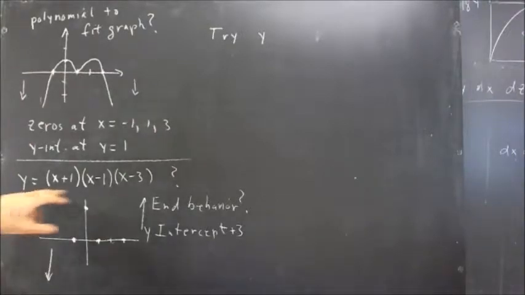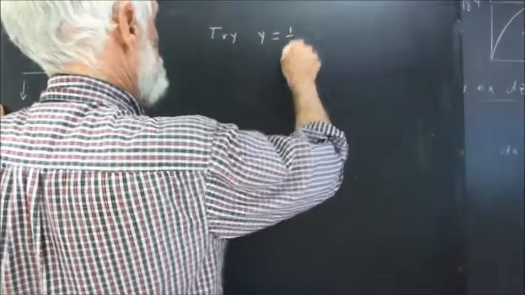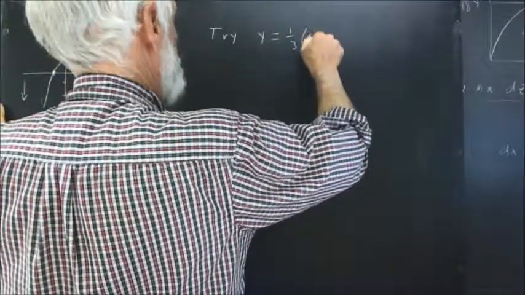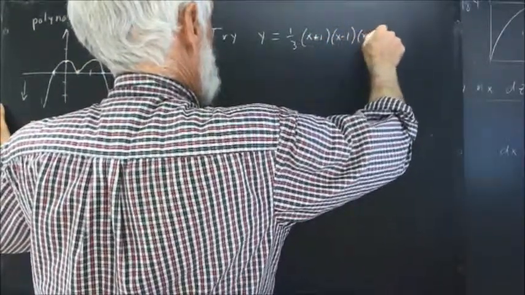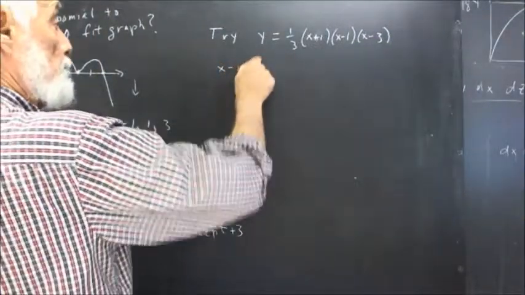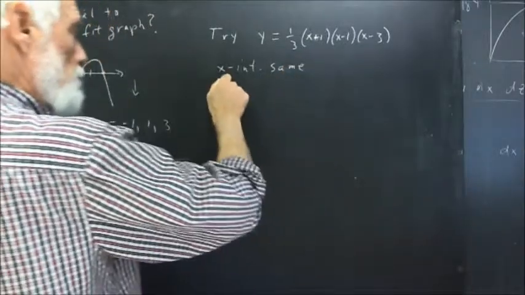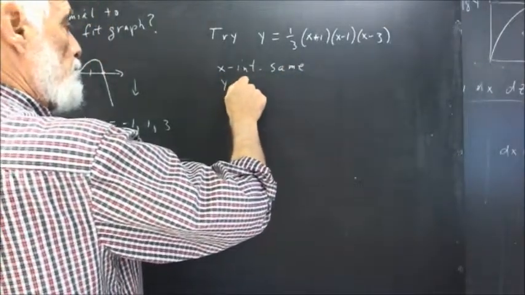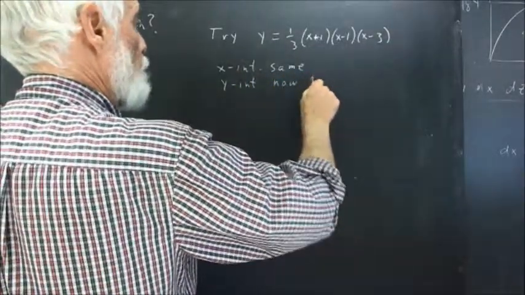So if we took 1/3 of this, the x-intercepts stay the same, but the y-intercept is now 1.